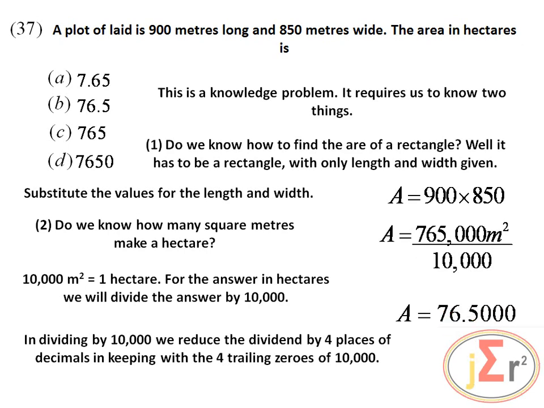And the answer is 76.5000. And we do not have it there. But we may remove the trailing zeros and we end up with 76.5 hectares. The correct answer is option B.